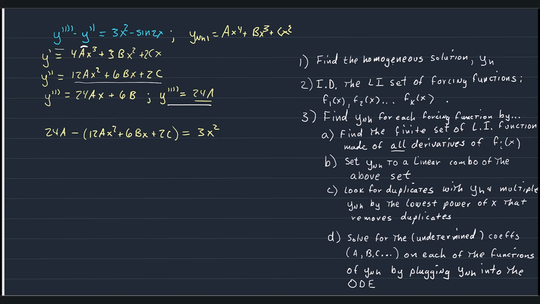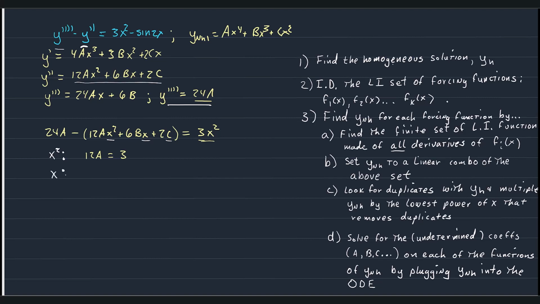So let's collect like terms of our linearly independent functions, that being x squared, x, and then our constant term. So for x squared, we have a single x squared term, that's 12a, and 12a must equal 3 on the right-hand side to match the x squared term on the right-hand side.